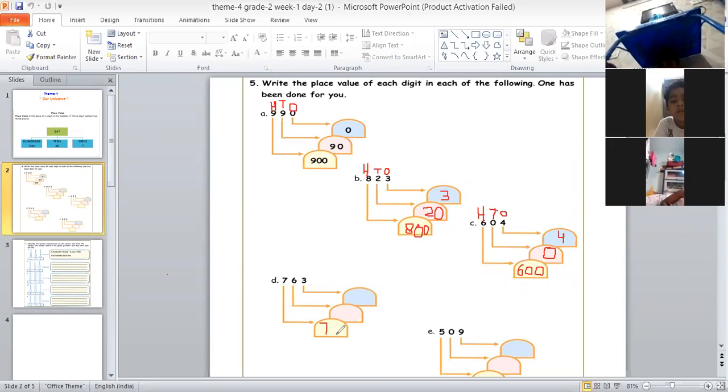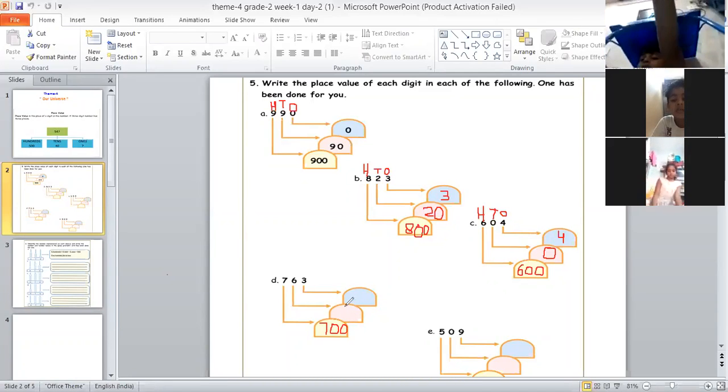How many zeros? 7 is in which place, Lohit? Hundreds. Yes, 7 is in hundreds place. So we will add 2 zeros after 7 because in hundreds we have 2 zeros. Okay, next number.